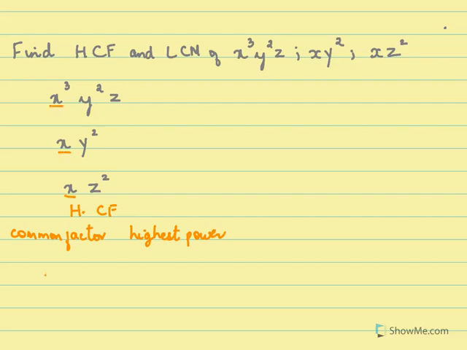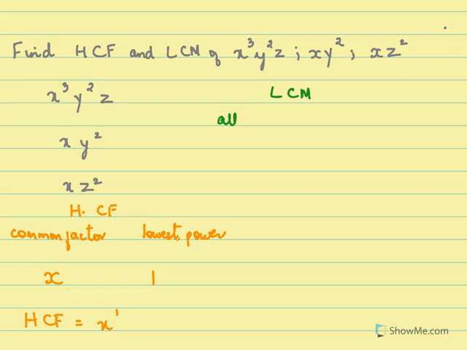You have x, x, x. In all there is an x, so we put x. And which is the highest power? Here it is x raised to 3, x raised to 1, here x raised to 1. We need to take lowest power, not highest power for HCF. We need to take lowest power. And the lowest power with 3, 1, 1 is 1. So here our HCF is x raised to 1.